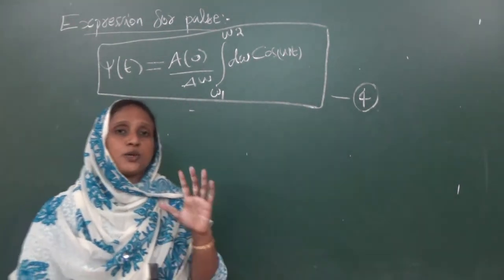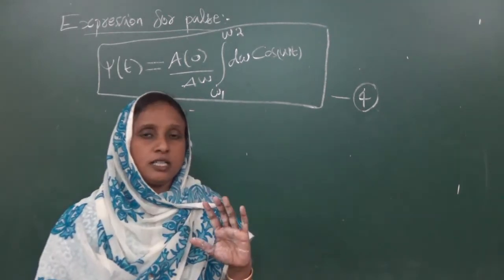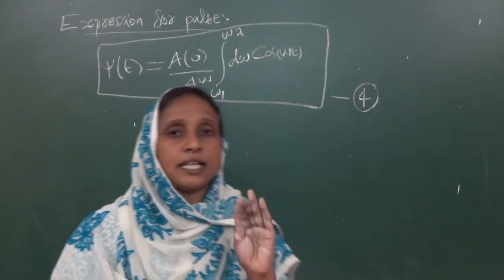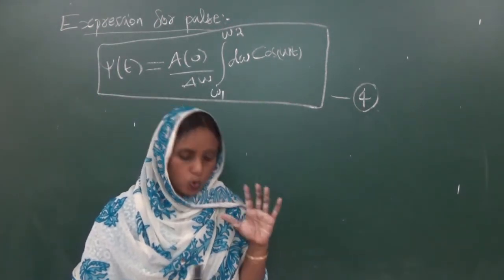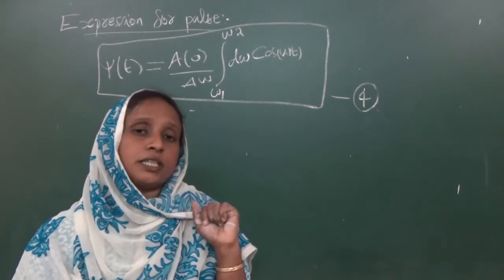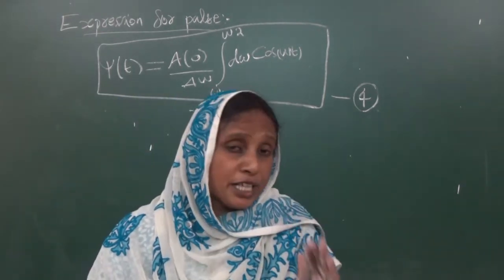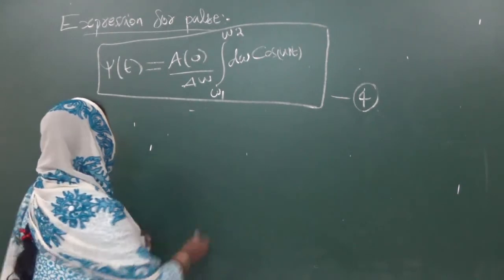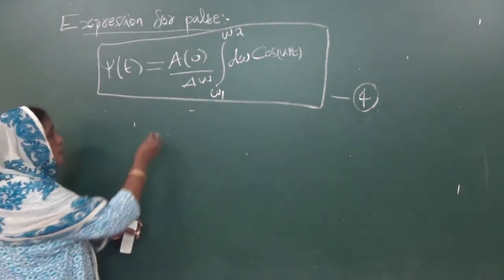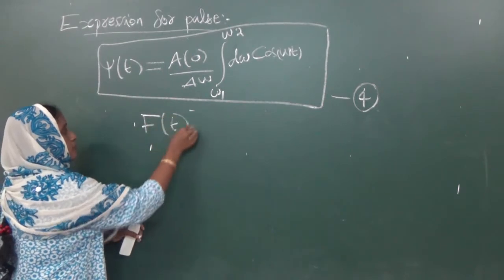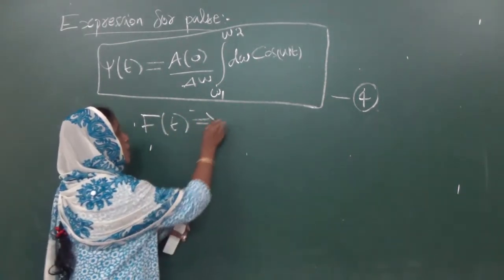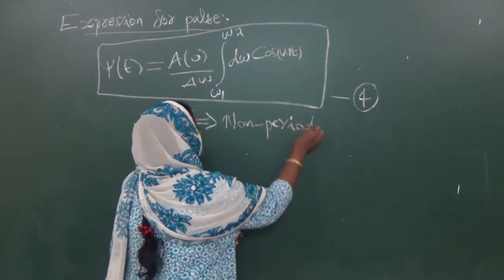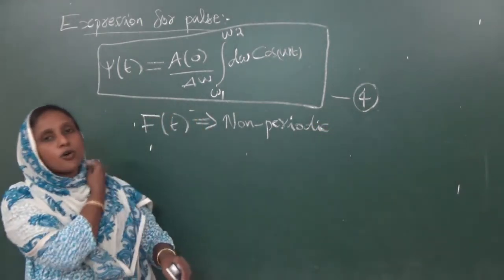That means any non-periodic function f of t can be expressed as a summation of sine functions and cos functions, or any non-periodic function can be expressed as a continuous superposition of harmonics of the form. I can write here the expression. Let our function be f of t. F of t is non-periodic.